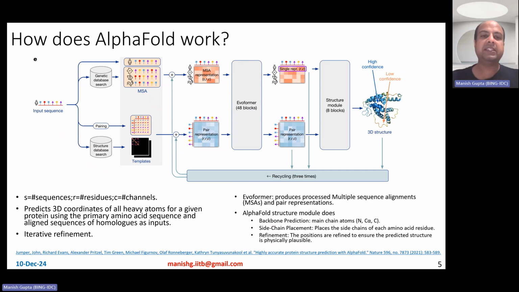Okay. So if you look at this MSA matrix, it has a number of sequences as the rows and a number of residues as the columns. So it's a sequence cross residues matrix. We'll call it the S cross R matrix. And then, of course, every amino acid has some features, so it's a tensor, S cross R cross features. But what you also have is an R cross R tensor, because if you have R residues, it shows the interaction between the R residues with each other.